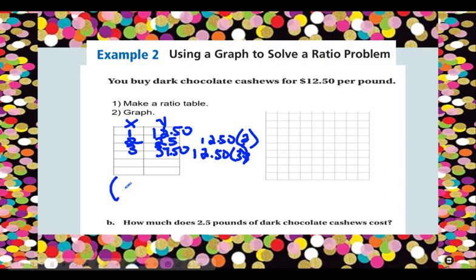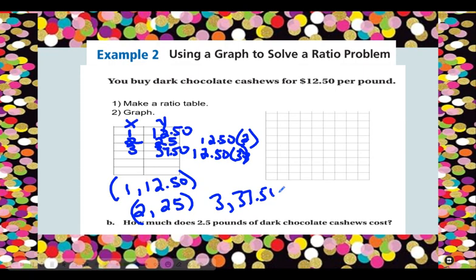1, $12.50 is my first ordered pair. 2, $25, and 3, $37.50. So put a 0 in the corner, X, Y. Okay, so I'm going to graph 1 and up to $12.50.